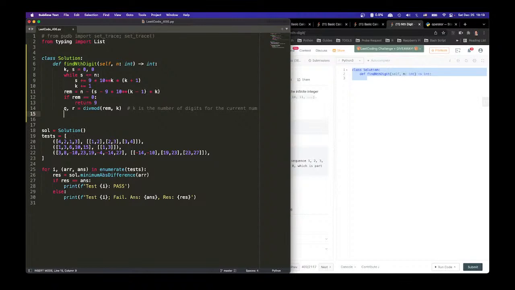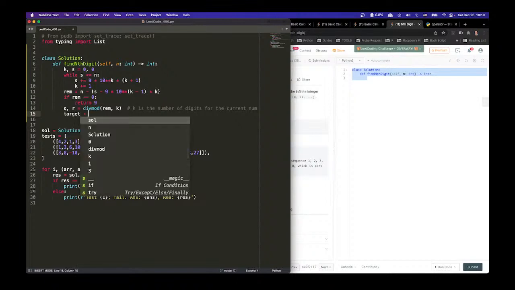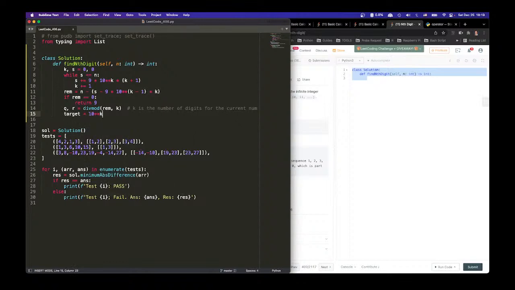If the quotient is 0, which is fine, right? Okay, so the target value is going to be 10 to the k. K is the number of digits. Oh, shoot. That should be k minus 1, right? Because 2 digits have been minus 1. So this one plus quotient is our target value.